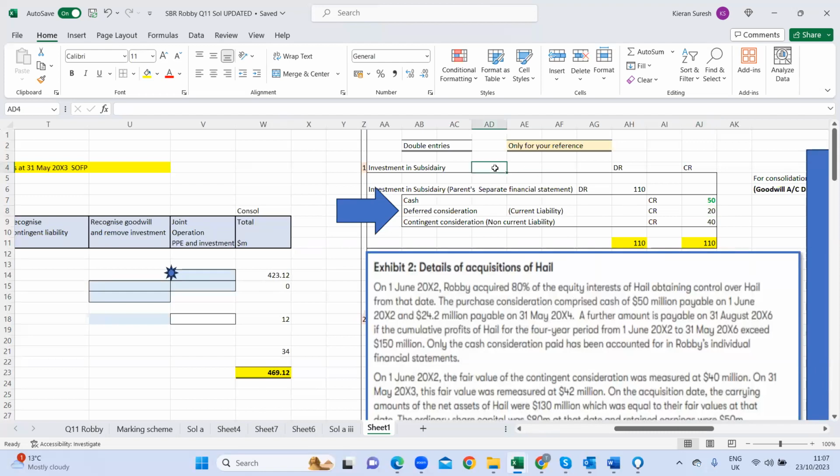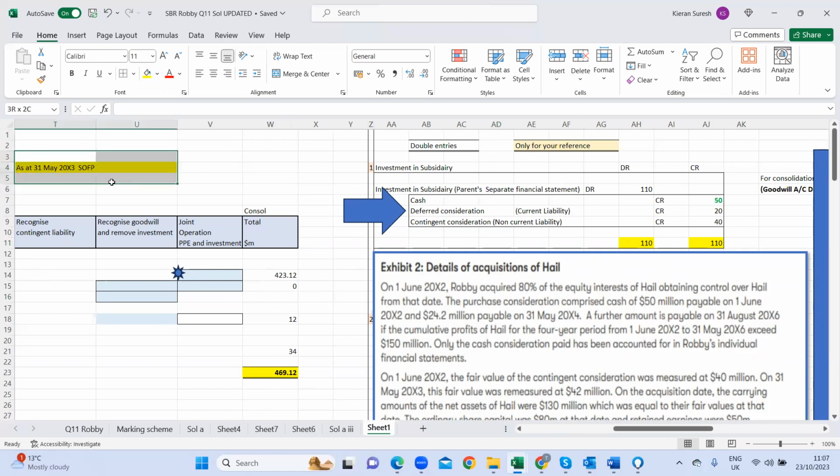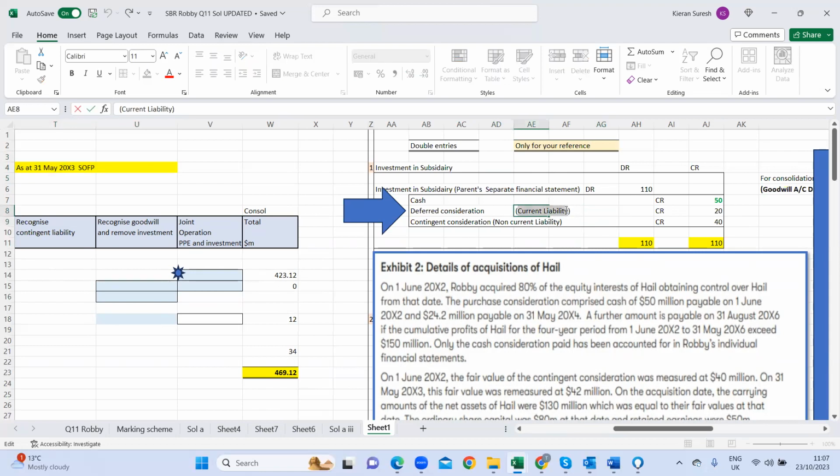We are preparing these books at the balance sheet date, 31st of May 2013. This deferred consideration would appear as a current liability. The reason why is that yes, we promised to pay in 2 years' time.